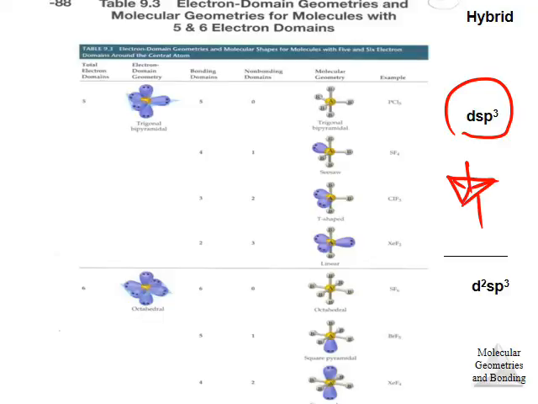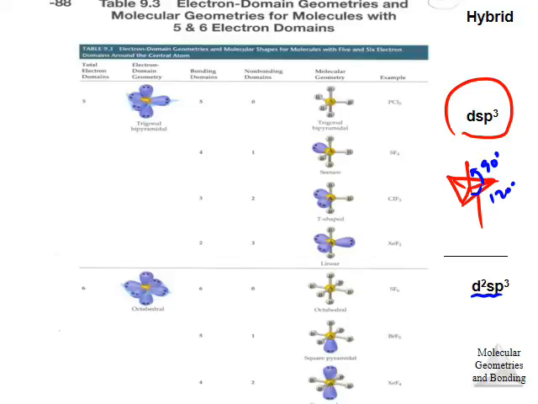So there are two sets of angles. Within the triangle you have 120 degrees, and outside, those perpendicular ones are 90 degrees. So you have a combination of 90 degree and 120 degree angles.